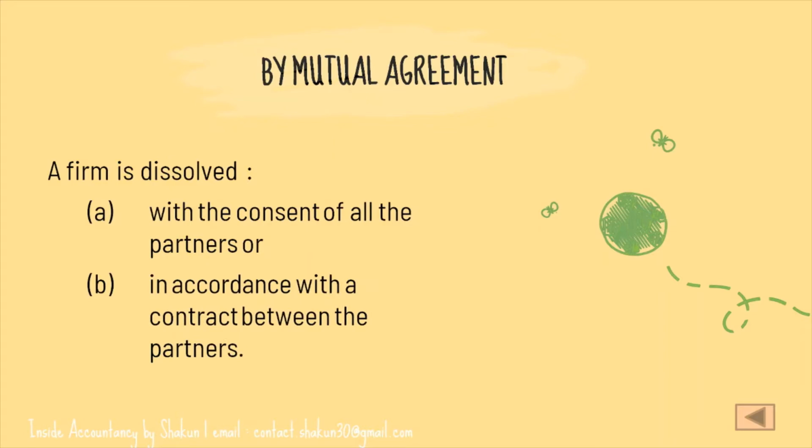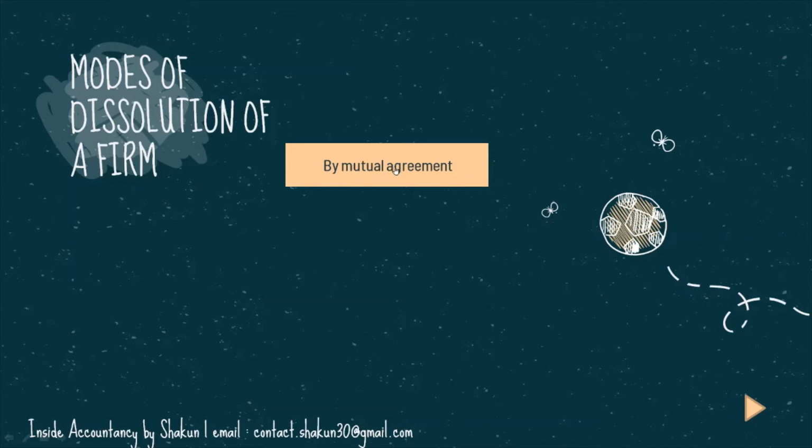So whenever we have the consent of all partners to dissolve the firm, then the firm can be dissolved. Or it may be in accordance with the contract between the partners. So there might be a contract that the partners may enter into on the basis of which the firm may be dissolved. So that was by mutual agreement.